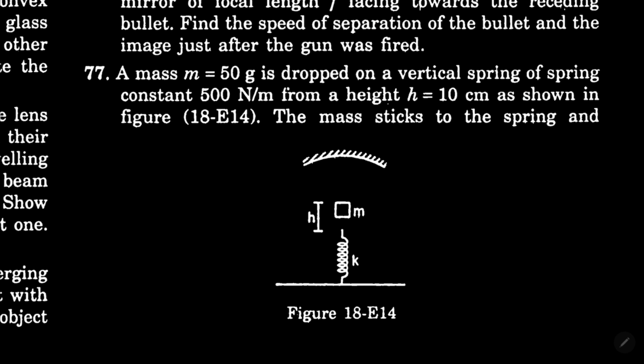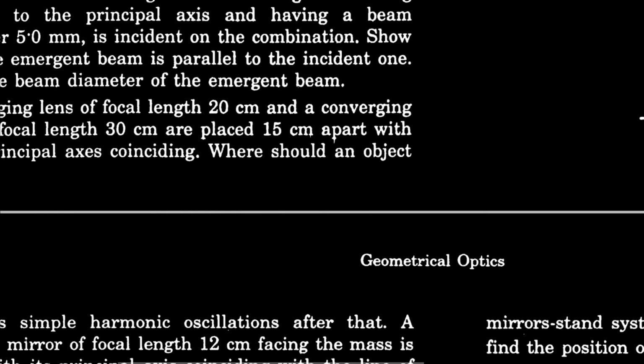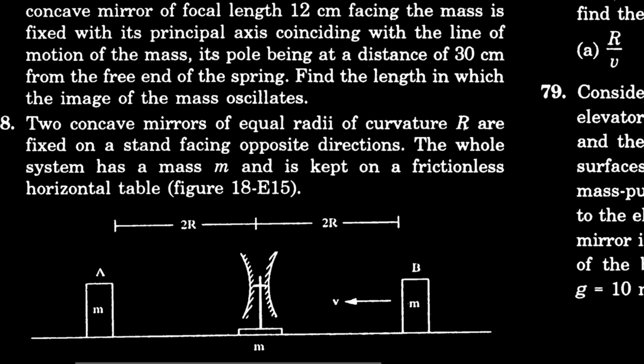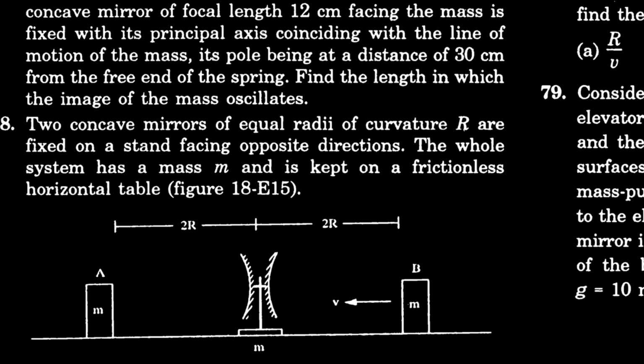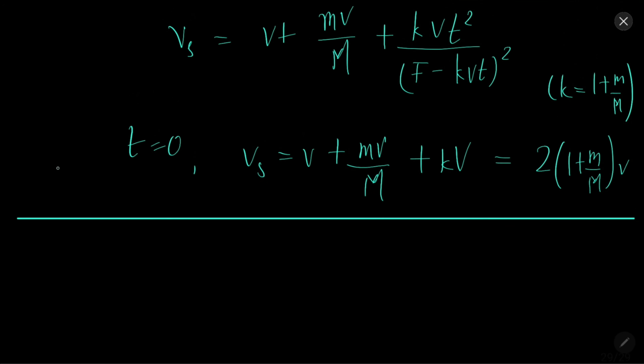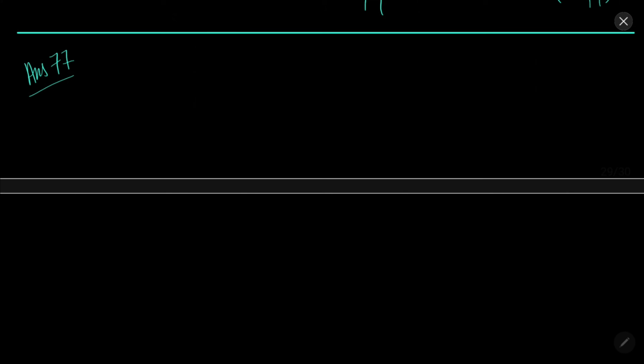In question 77, this figure is given. We need to find the length in which the image of the mass oscillates. Solution 77. So in this particular scenario we will use energy rules.